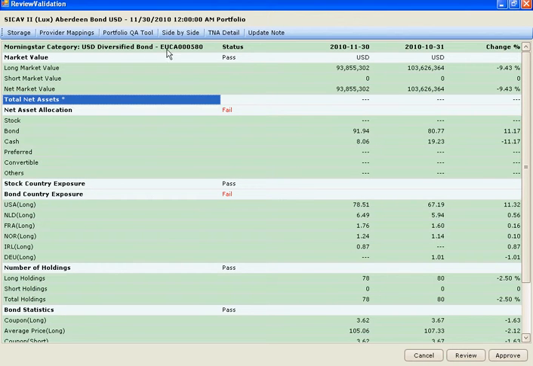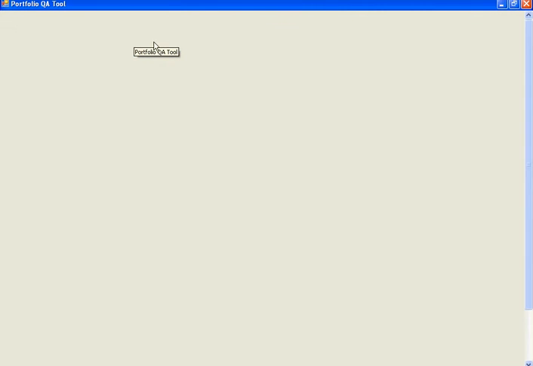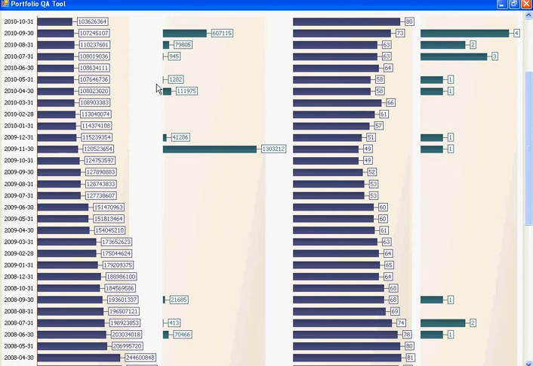For this, first, we use the Portfolio QA tool. You will see this QA page can give us a useful understanding of the associated fund. We can see a full comparison of all stored portfolios for the fund.